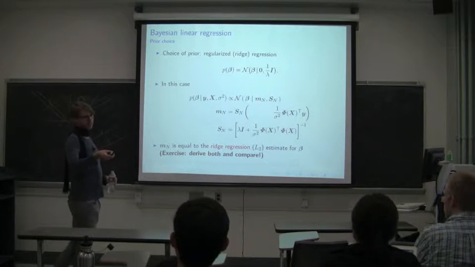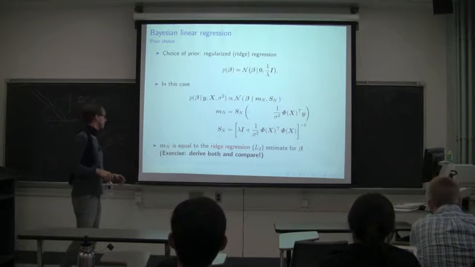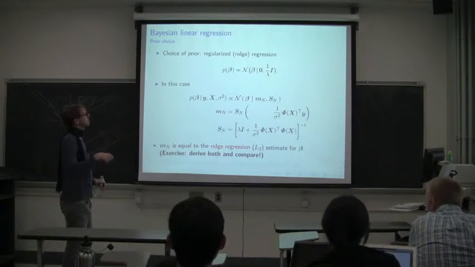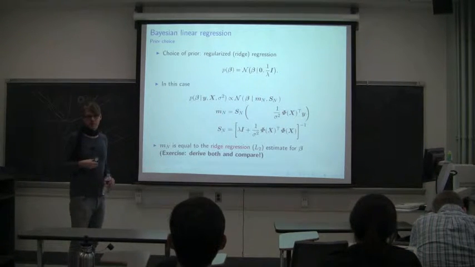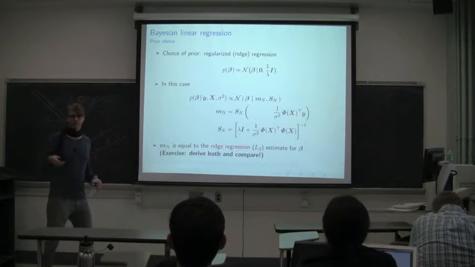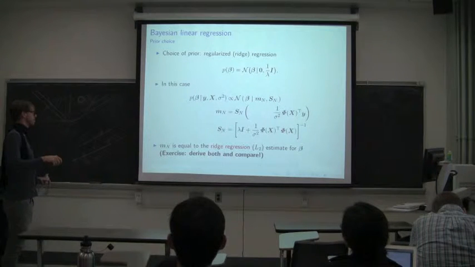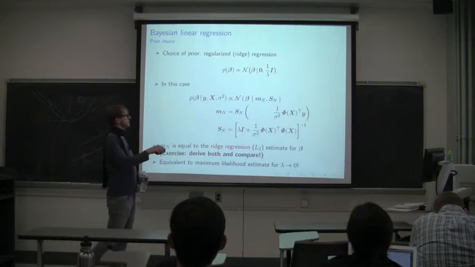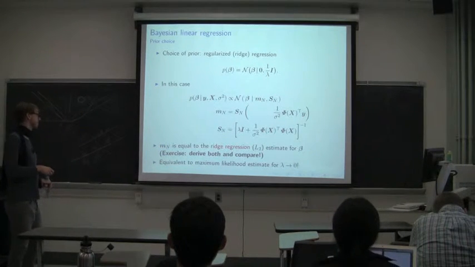Take the gradient, set the gradient to 0, see what comes out of it, and do the same process for the posterior Bayesian estimate, where you use completing the squares. You will see that both are the same. The posterior mean is the same as the MAP estimate in this case, or the ridge regression estimate.